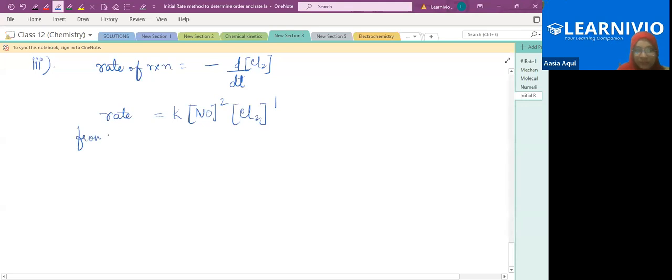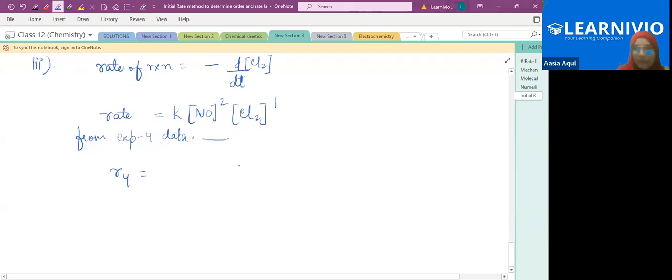Because we have to use the fourth experiment data, so from experiment 4 data, we can write rate 4, or simply R4. R4 will be equal to, what is the value of K?